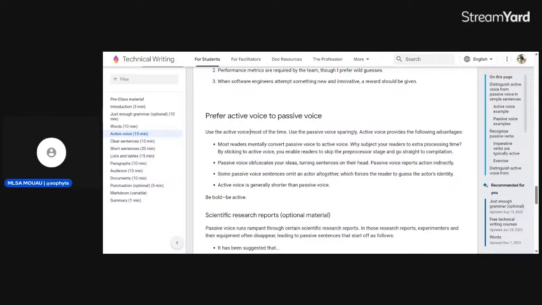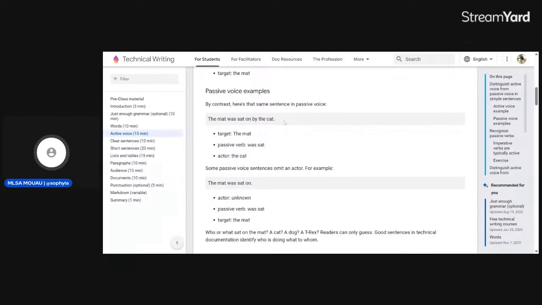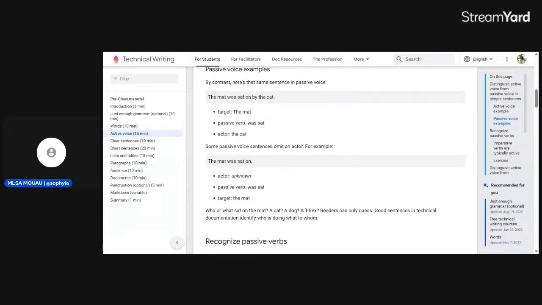Now, these are the advantages of using an active voice in your articles. First of all, most readers mentally convert the passive voice to an active voice. So why subject your reader to extra processing of the information, like we saw here: the mat was sat on by the cat. It's quite confusing and it's going to take your reader longer to understand what you mean.